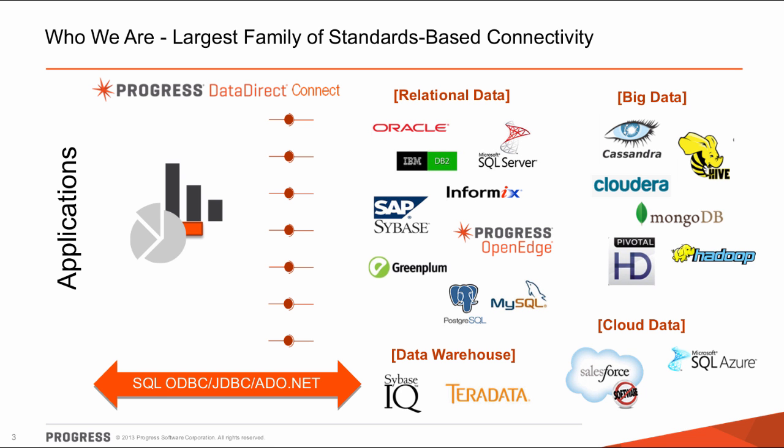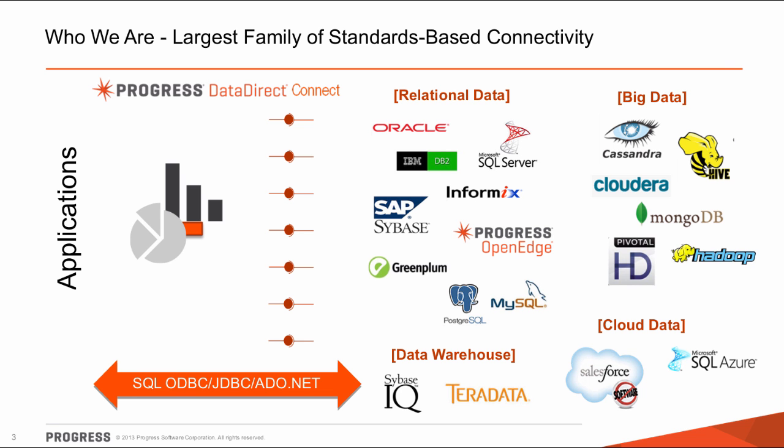Our primary flagship product line is our Progress Data Direct Connect products, which are about providing SQL-based connectors in the form of ODBC, JDBC, or ADO.NET drivers and providers, these standards, to many different types of sources, which you see depicted here on the right-hand portion of this slide.